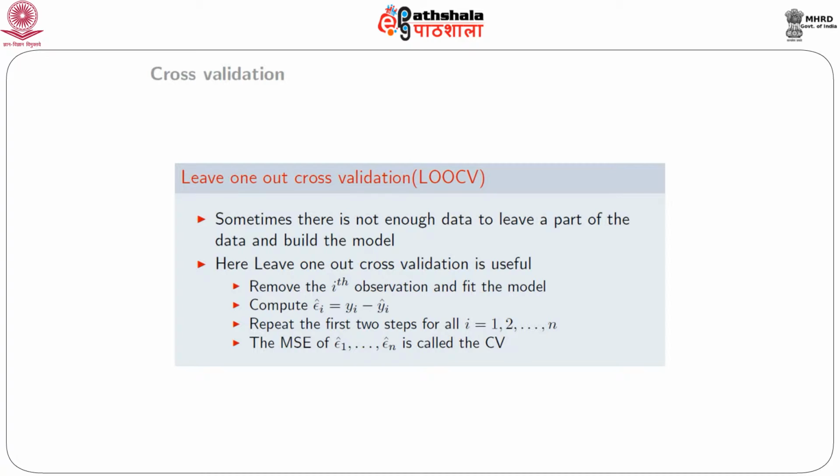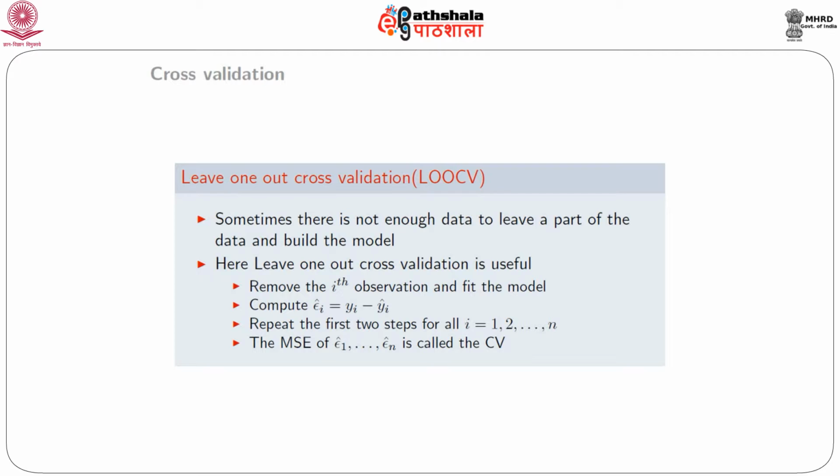Assume that there are n independent observations y1 to yn. Remove observation i from the training set and fit the model using the remaining data. Then we can calculate the error ei star, which is yi minus yi hat, for the omitted observation. Now, ei star is obviously the predicted residual, and we repeat this step for i equals 1 to n. Then from e1 star to en star we calculate the MSE, and this is called the CV or the cross validation.